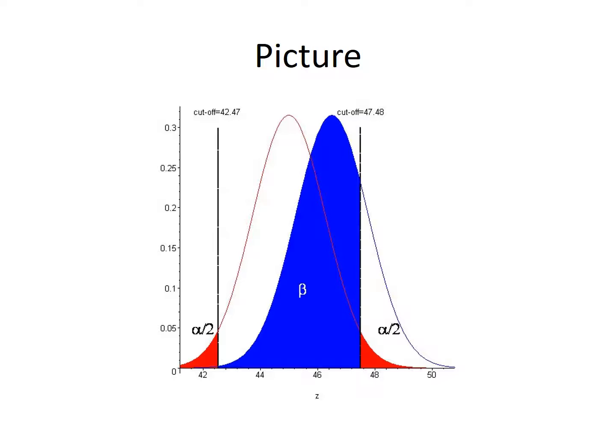So if the claim of 45 is inaccurate, between 42.47 and 47.48 under the new curve where we think the new average would be, if we get a sample average that's between those two cutoff scores, we will not be able to tell the difference between the new claim and the old claim, and that is why we would make a type 2 error, because we would fail to reject. This is in the region of what we would consider to be commonplace for the old curve.